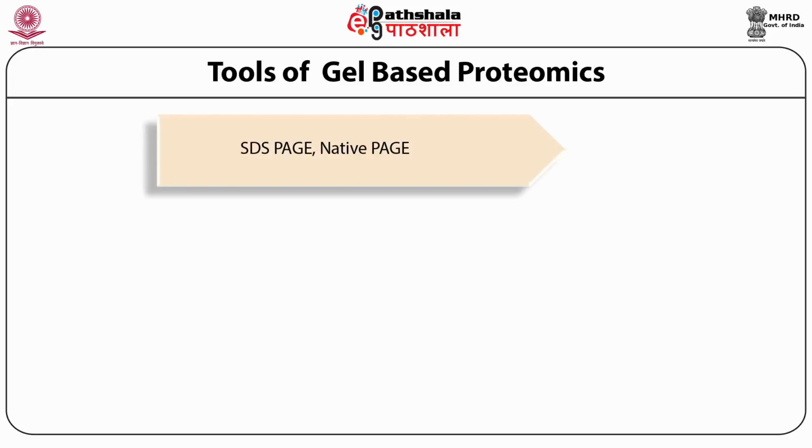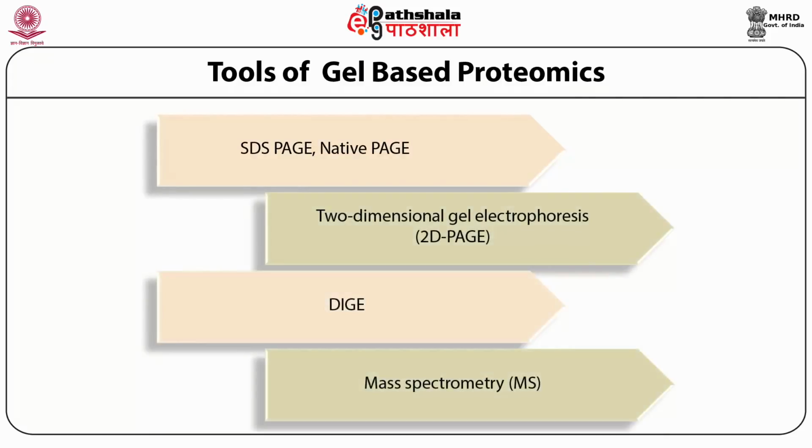Later on, people found that combining two one-dimensional gel electrophoresis techniques results in better resolution. That is two-dimensional gel electrophoresis, in which proteins are separated firstly on the basis of pI and lastly on the basis of molecular mass.